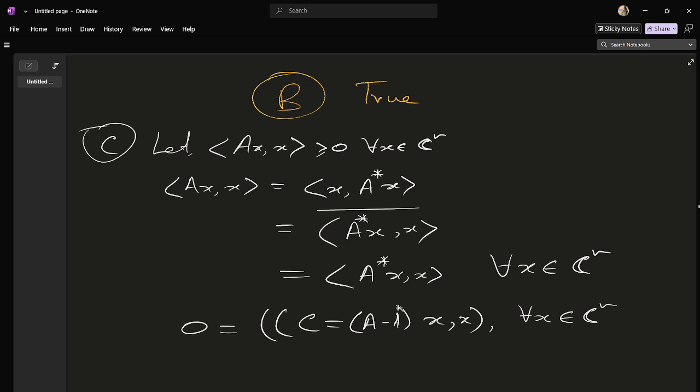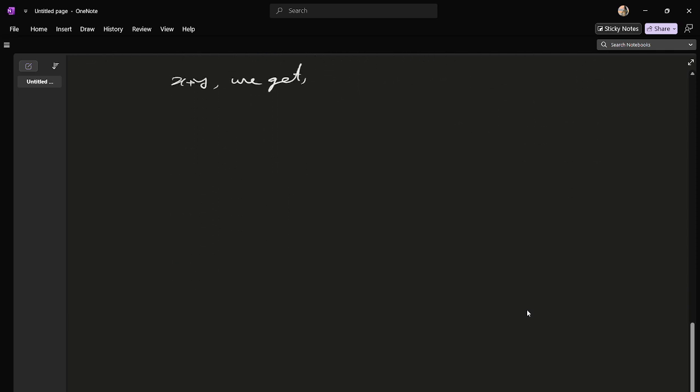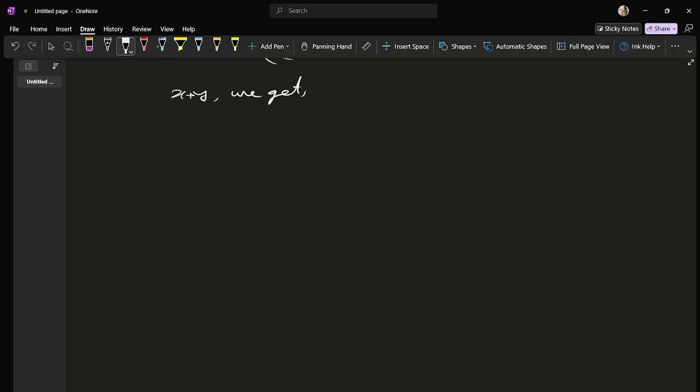Then first apply C to x plus y. Let me change my color, I want to use the yellow one.